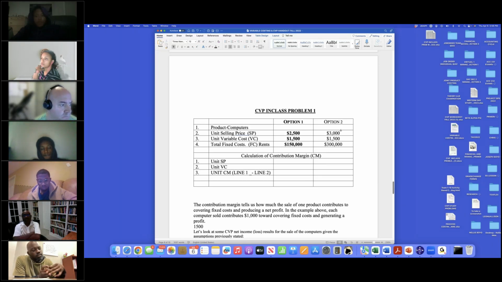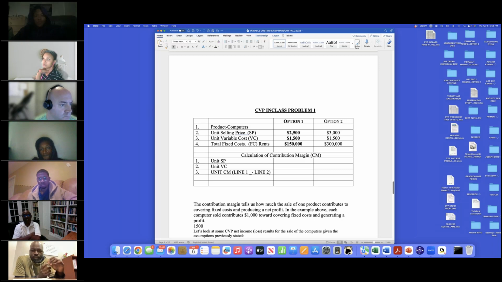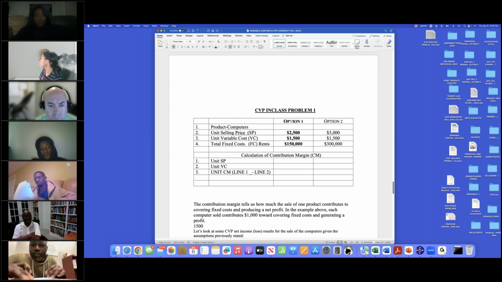In option 2, if you remember, we were selling computers. The computer selling price is $3,000, each computer costs $1,500 in variable cost, and your fixed cost is $300,000.